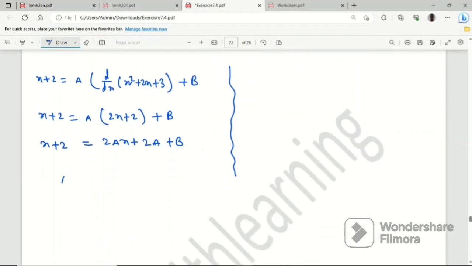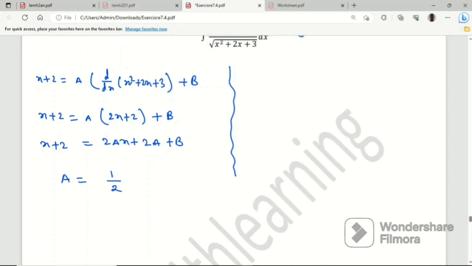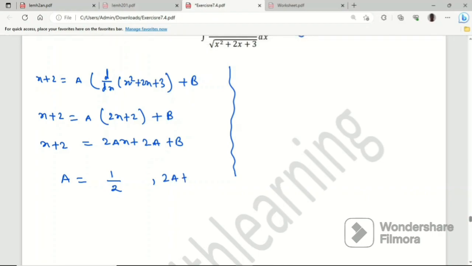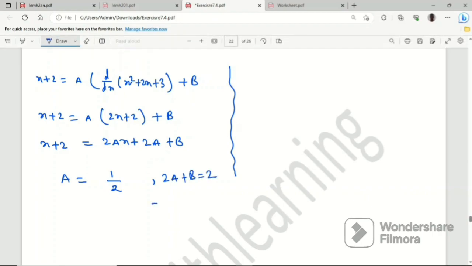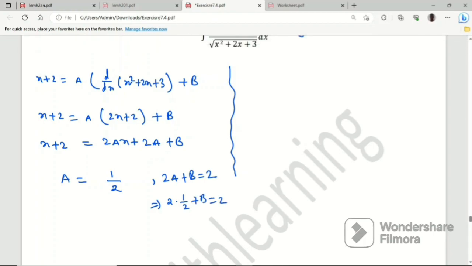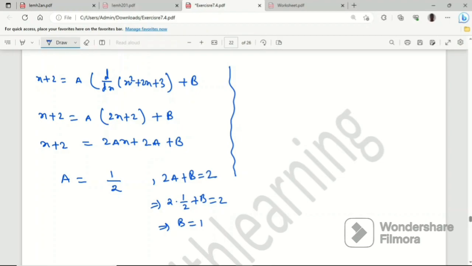So the value of a I will get equal to 1 upon 2, and then 2a plus b equal to 2. So 2 into 1 upon 2 plus b equal to 2. So the value of b will be 1. Okay. So now I can substitute.